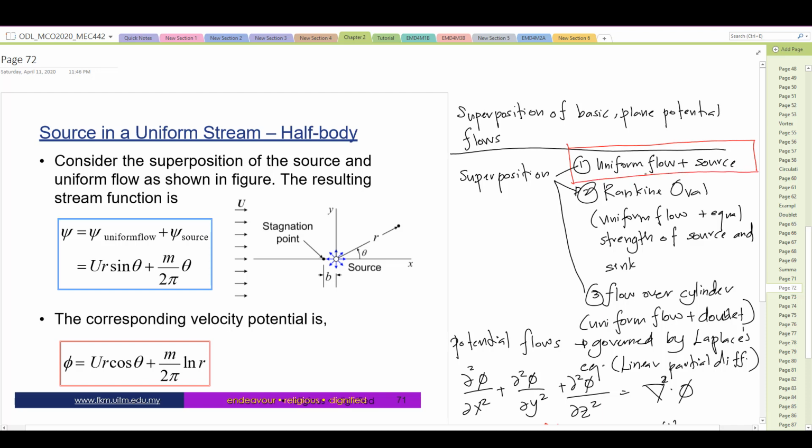But before that, let's watch this video so that you have an idea what superposition is, and what happens when you have a uniform flow and you have a source in between your uniform flow. So what happens to your flow? Okay, let's watch this video. This is your uniform flow.